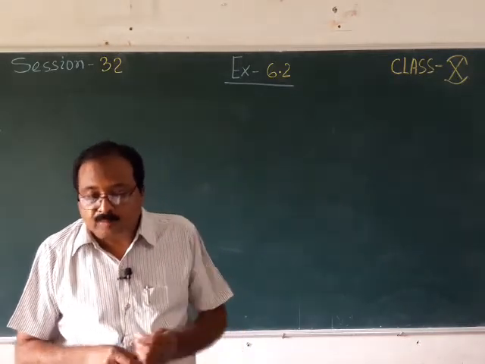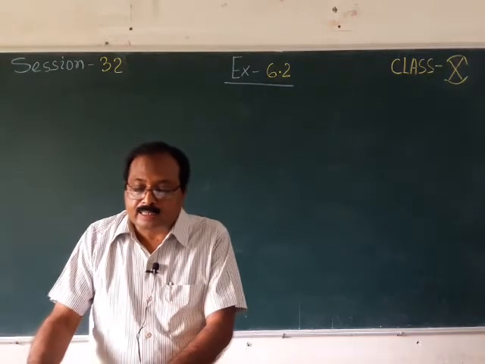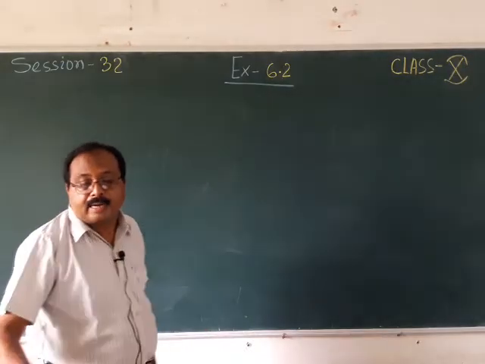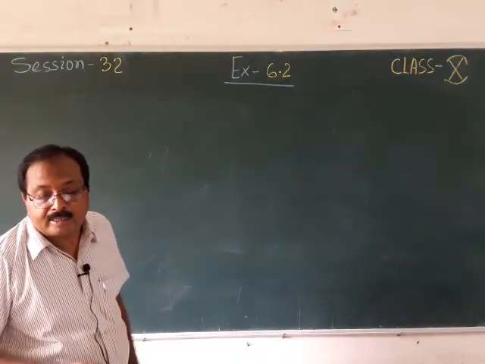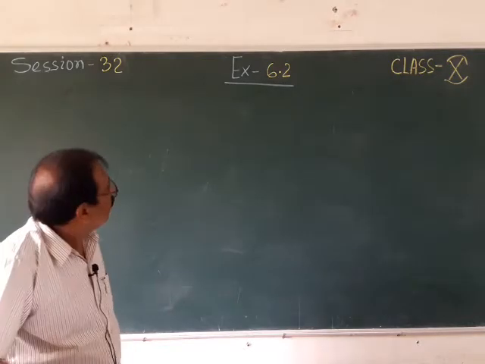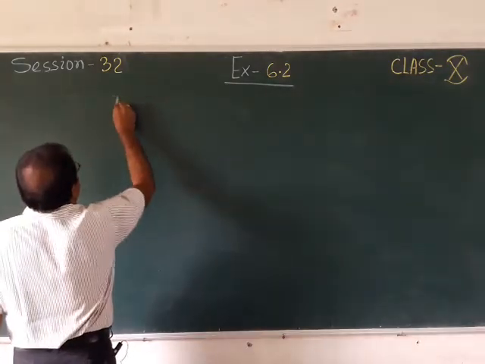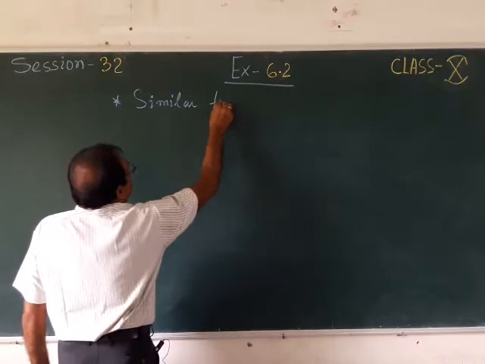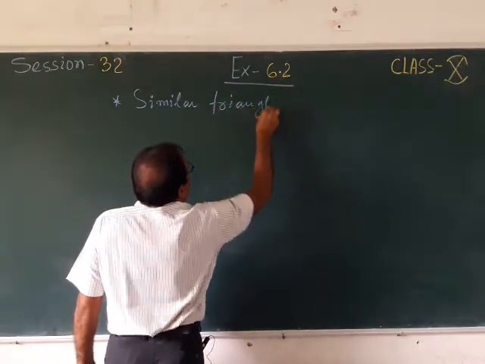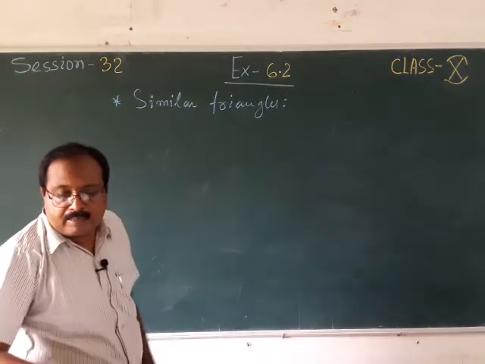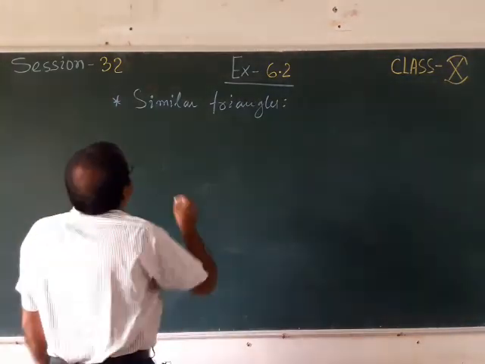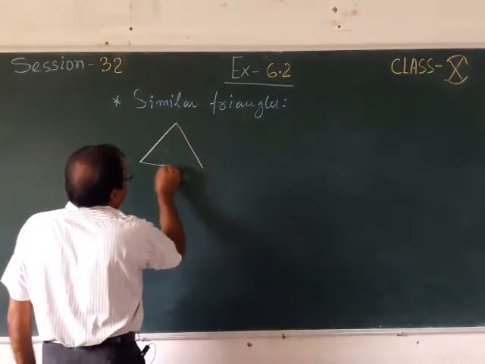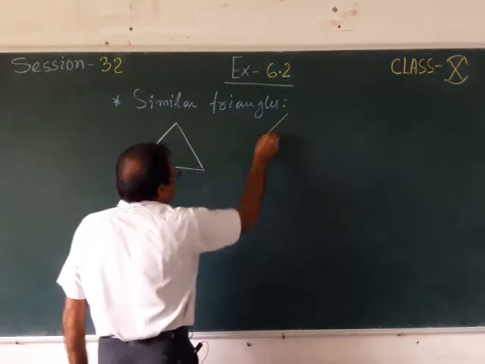Now, similar triangles means two triangles are similar if their corresponding angles are equal and their corresponding sides are in the same ratio. So now I am talking about similar triangles. Suppose I am taking one triangle and another triangle a little bit bigger.